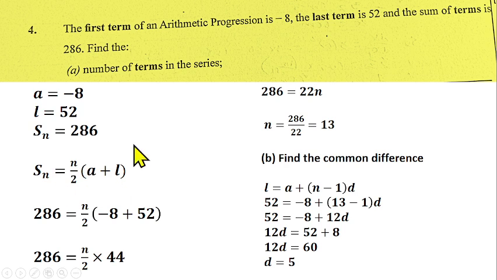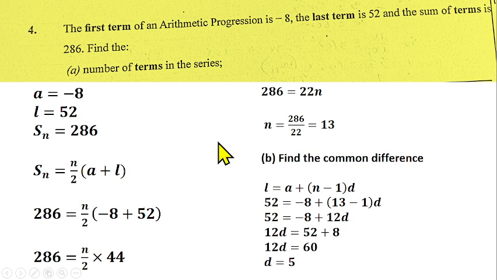So we know that for summing terms in AP, we have two formulas. The sum of terms equals n over 2 into open bracket 2a plus open bracket n minus 1 close bracket d, then close the big bracket. And there is a second formula that is related to the last term: sum of terms is equal to n over 2 into a plus l.